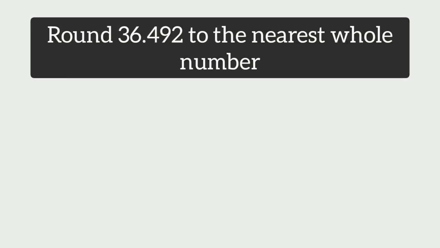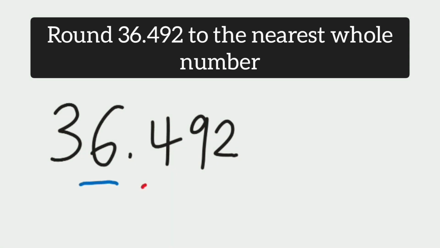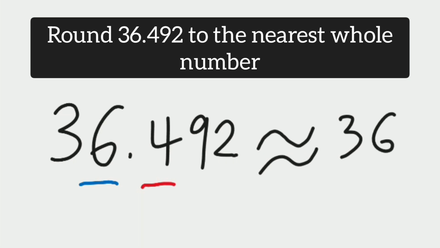Now, what if we want to round off 36.492 to the nearest whole number? In this case, since it's the nearest whole number, we look at the units digit as shown, which means the digit right next to it is 4, which is less than 5. This means we leave the units digit as it is, and therefore the answer is 36.